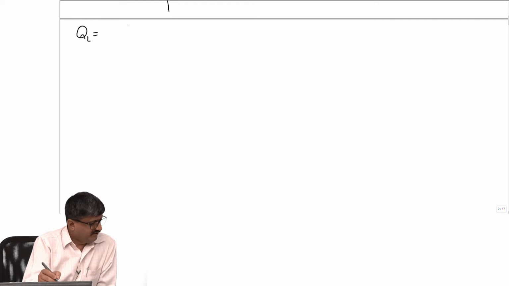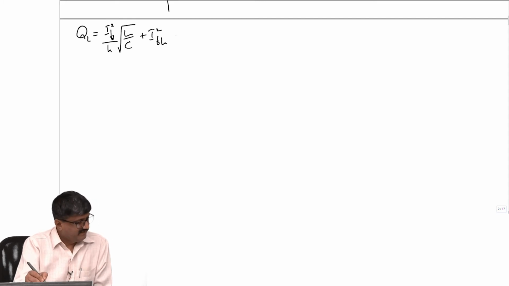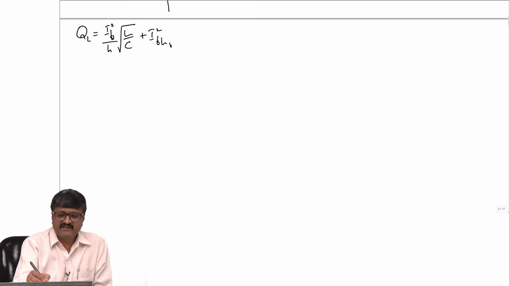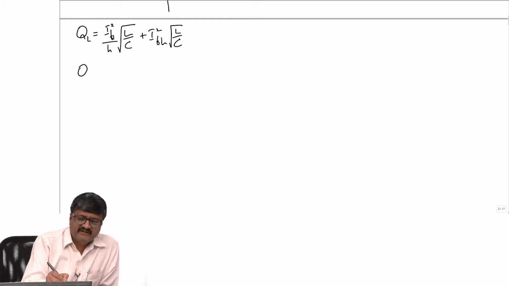So we got QL, the reactive power rating, as IF1 squared by H under root L by C plus IFH squared into, I mean, towards the end of the last class I got this. So that is the reactive power rating of the inductor.